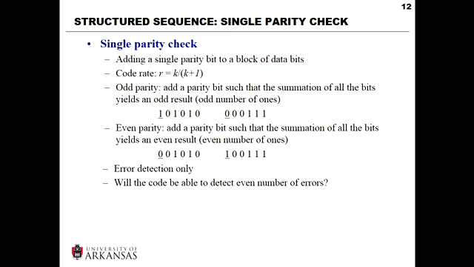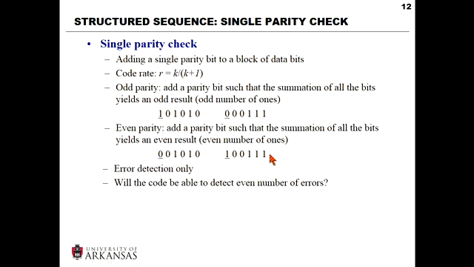Okay? So if we are using an odd parity, at the end, at the receiver, we find out we have an even number of ones, which means something is wrong, right? We detected an error. For even parity, it's just the opposite. We add the parity bit such that we have an even number of ones. And in this example here, the information has 2 ones, so we add a 0, such that the total number of ones is even.